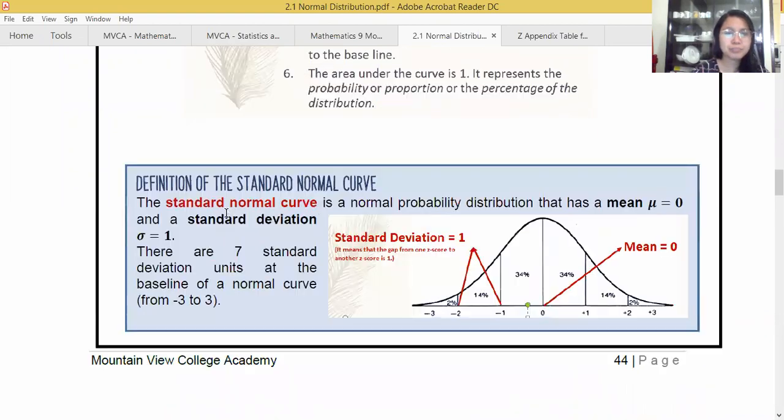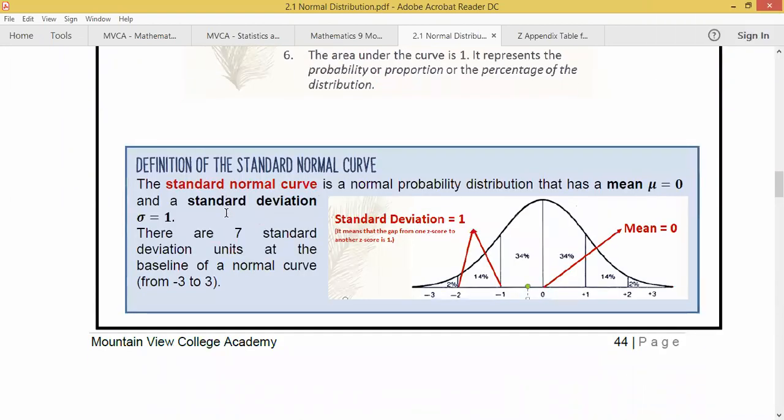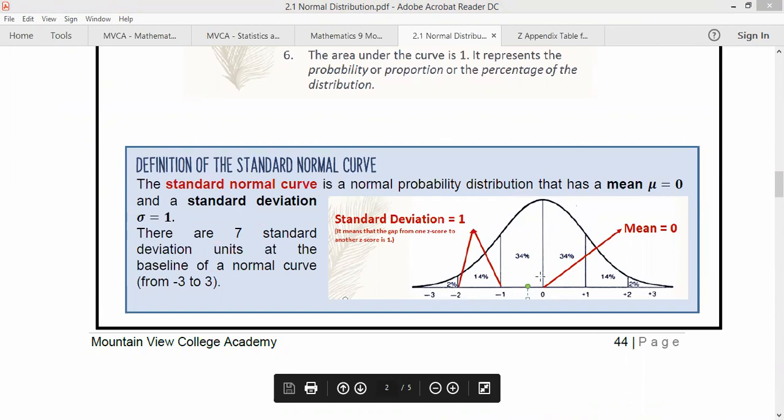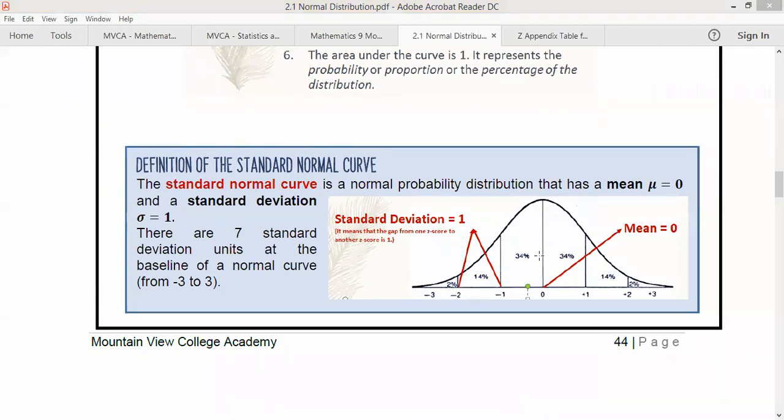Now let me describe the standard normal curve. What's a standard normal curve? A standard normal curve is a normal probability distribution where the mean, or the mu, is 0 in the middle, and the standard deviation, or the gap, is 1. Example, it's 1, 2, 3.